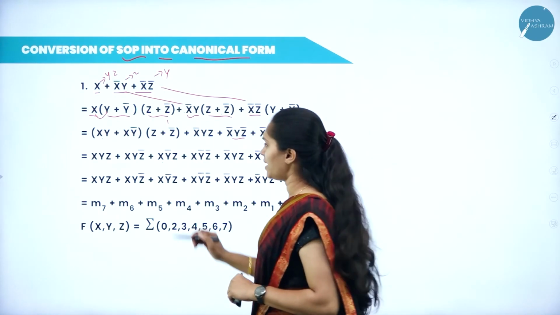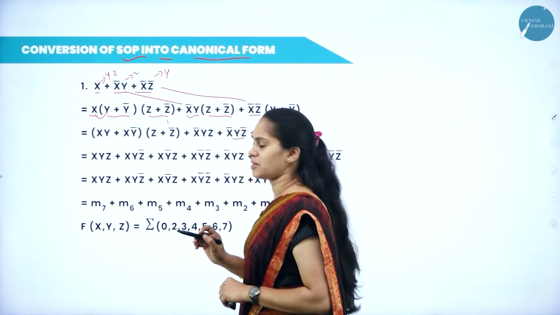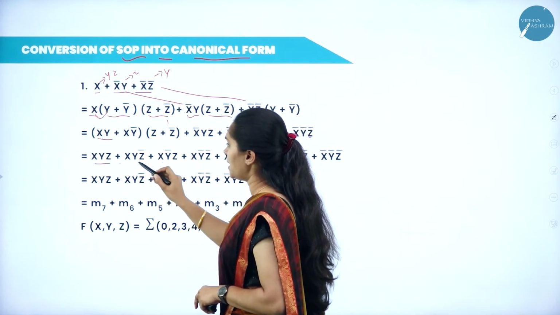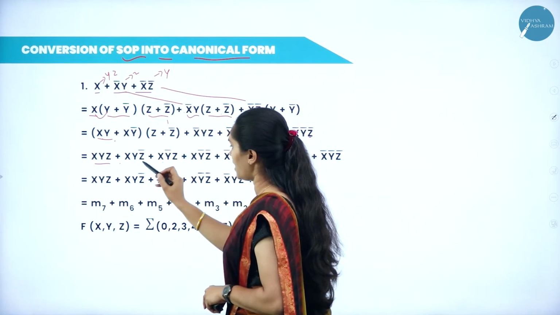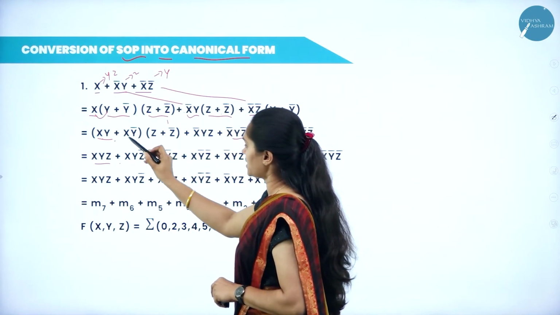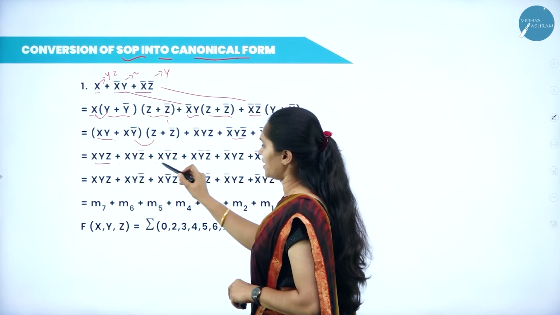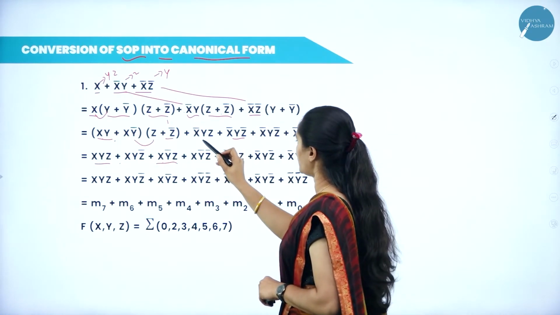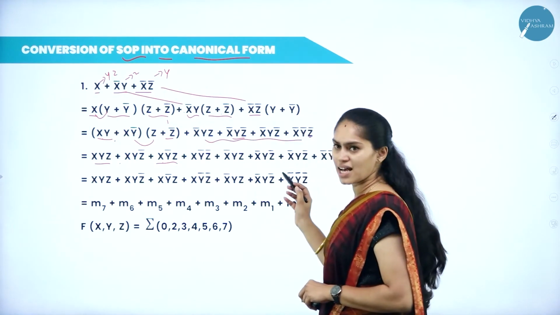Now I need to multiply the x term, so what I am going to get: xy into z will be xyz plus xyz bar, plus xy bar multiplied with z, xy bar z, plus xy bar z bar, and I am going to write the remaining terms as they are.